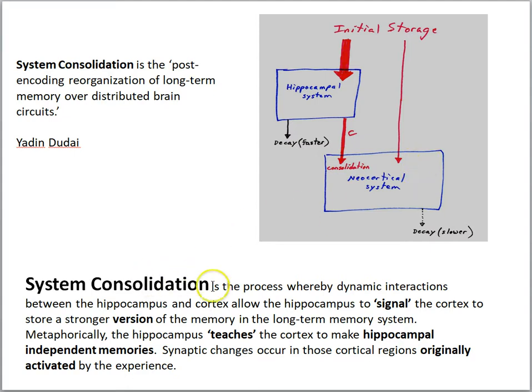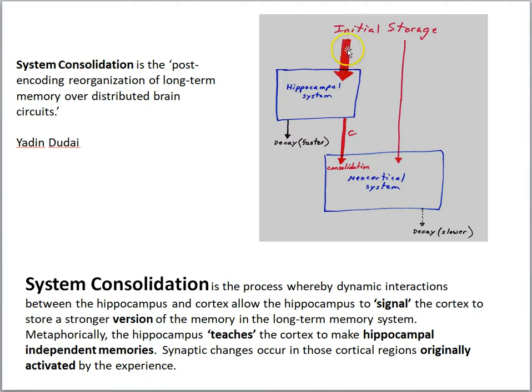We can say system consolidation is the process whereby dynamic interactions between the hippocampus and cortex allow the hippocampus to signal the cortex to store a stronger version of the memory in the long-term memory system. Metaphorically, the hippocampus teaches the cortex to make hippocampal-independent memories. Synaptic changes occur in those cortical regions originally activated by the experience.